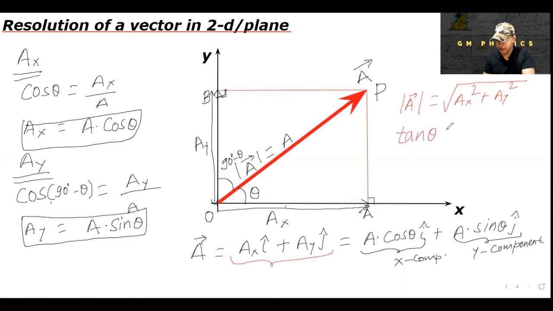This theta is with respect to positive x-axis. Tan theta is P by B, AY upon AX. This we have already done in the previous lecture. You can check it from here. Tan theta is perpendicular, AY upon base, AX. You can also check it using these values. You will get tan theta on both sides. Mod of A, AX square plus AY square. This we had obtained using Pythagoras theorem.